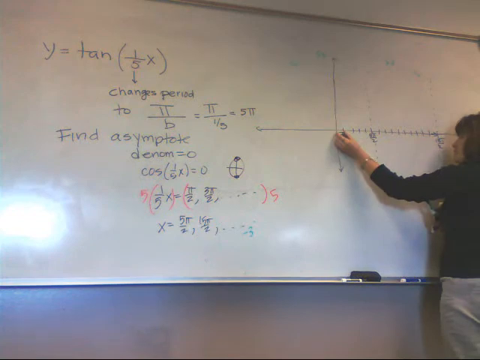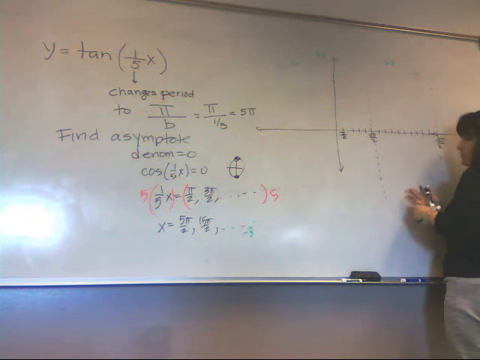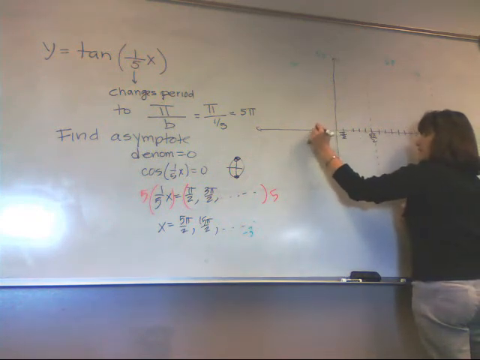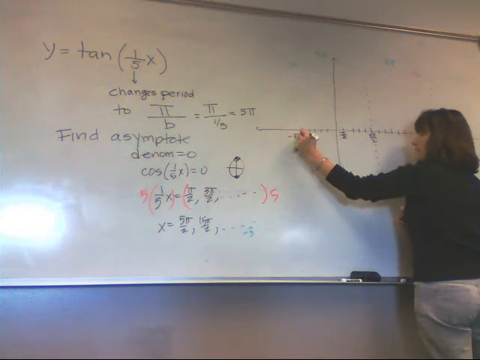Every square is pi over 2, so I need 5 pi, that would be 10 pi over 2. That would be 10 squares. 1, 2, 3, 4, 5, 6, 7, 8, 9, 10. That gives me negative 5 pi over 2.